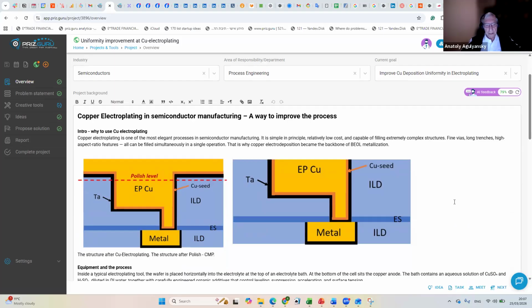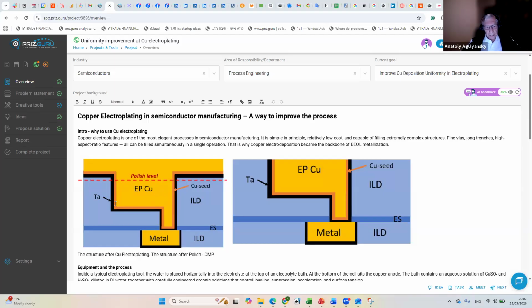You should not be a PhD in semiconductors to understand it. Very easy. Copper is used for interconnection in semiconductors to connect transistors. And it's very good. It has very low resistivity, and it can be deposited from aqueous solution by electrolysis. And this is a very good way.